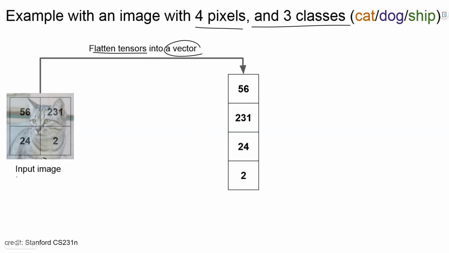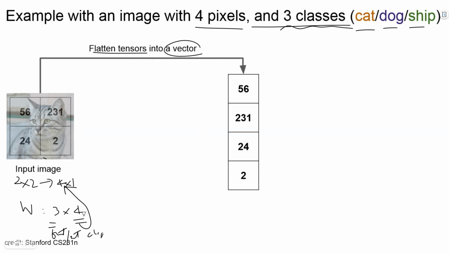Because this input image has 2 by 2 pixels, after flattening it's going to have 4 by 1 dimension. And because we have 3 classes, cat, dog, and sheep, our parameters should have the shape of 3 by 4. This 4 corresponds to the dimension of the input vector, and this 3 is the number of output classes.